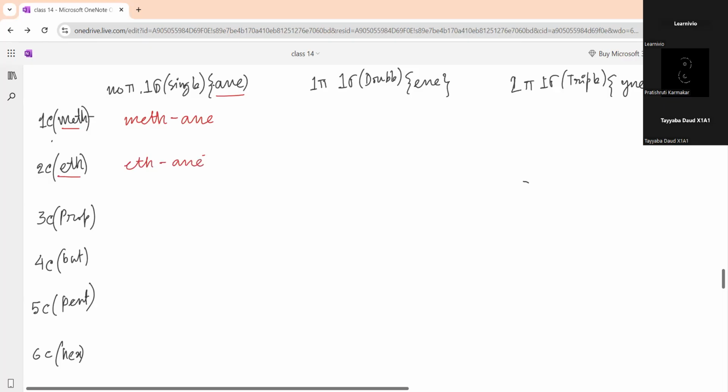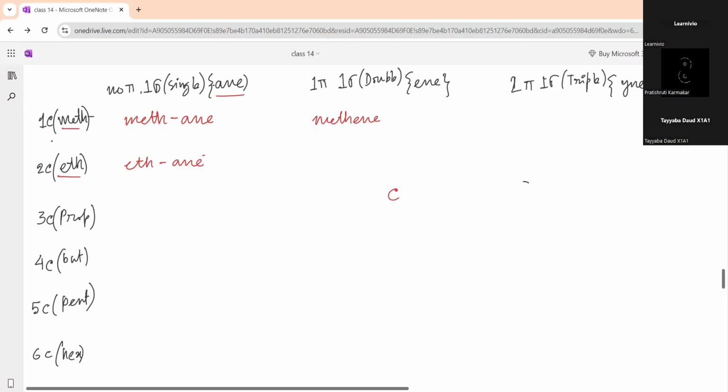Now come here. If we have one carbon and we have a double bond, that is one pi bond and one sigma bond, what will we call it? Methane? But if we have only one carbon, this carbon would form the double bond with whom?